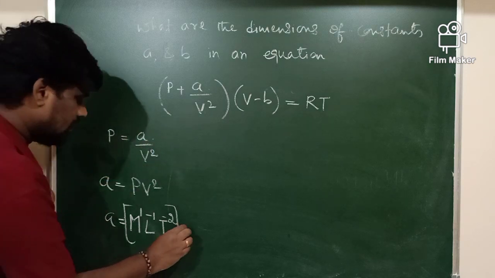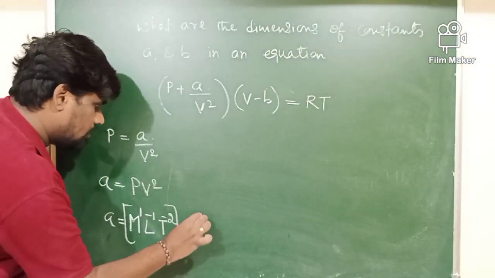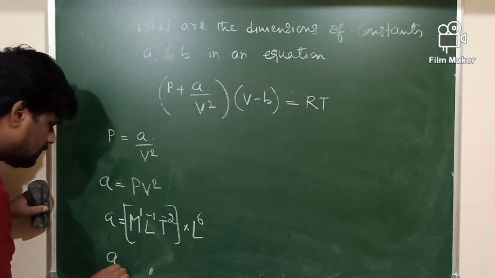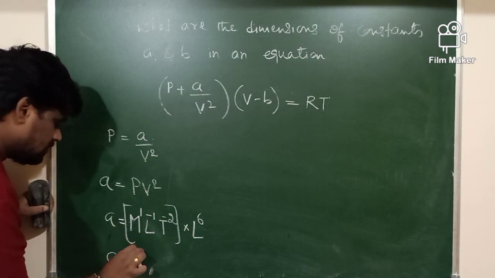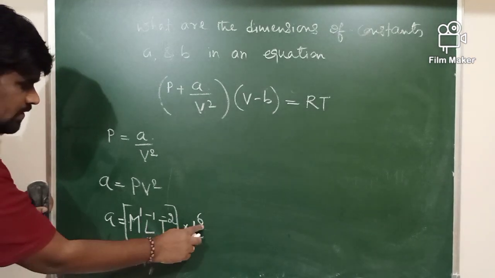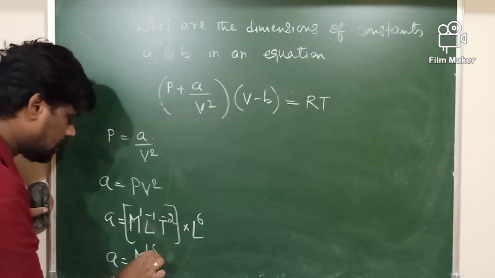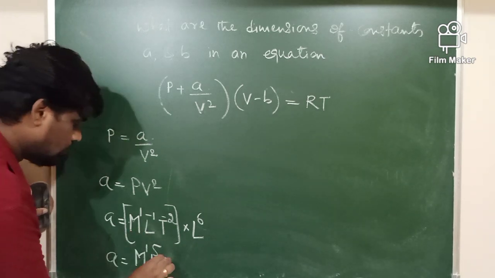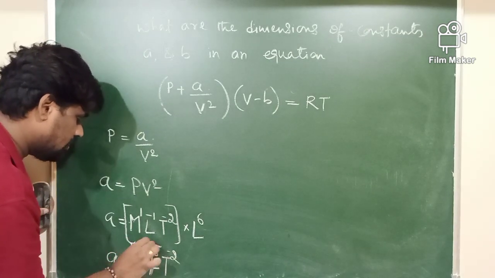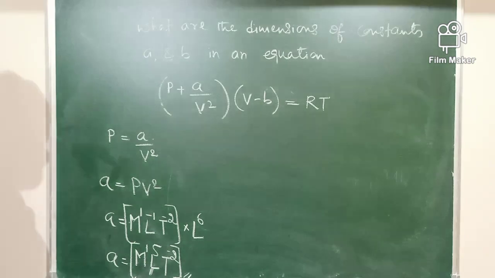Square ಇರೋದಕ್ಕೆ it will be L cube square, which is L to the power 6. Okay, then what is the dimensional formula of A here? The dimensional formula of A should be M1 L minus 1 L 6. Therefore, it will be M L to the power 5 T to the power minus 2. So this is the dimensional formula of the constant A here.